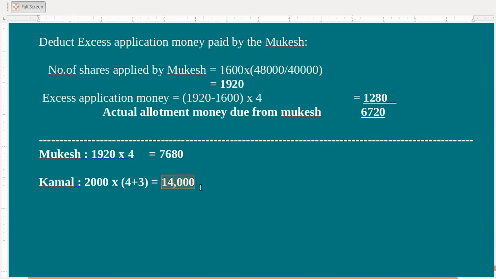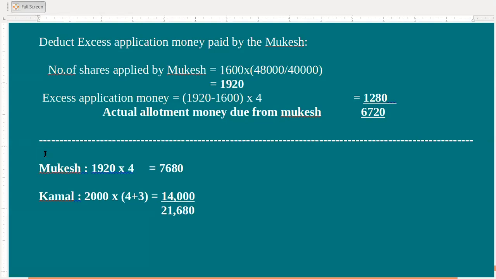What is the total now? 21,680. Please check it with your calculator, okay? 21,680. This is the amount we can transfer to the forfeiture account.